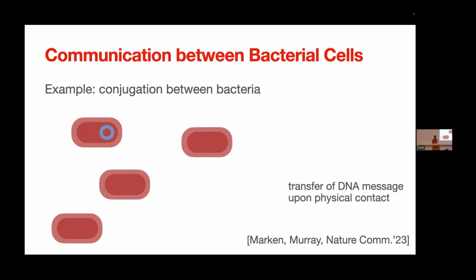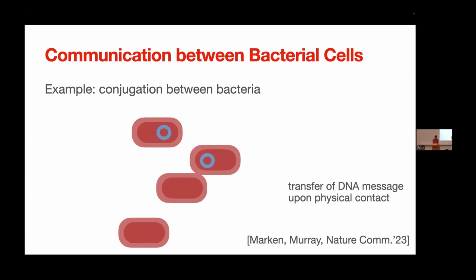So viruses is one possibility. Quorum sensing that I've already told you about at the beginning is another possibility. There's another one that's based on direct contact of cells. It's called conjugation. When two bacteria come close to each other, they can open up a physical channel in between, and one bacterium can push some of its DNA, copy it actually, to the other.